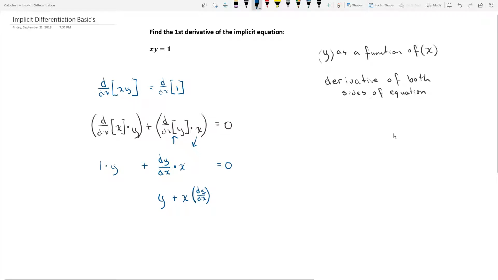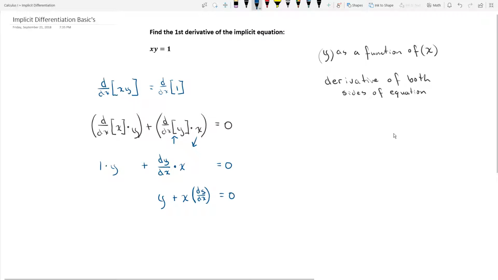Let's not make this a fraction such that it would be x times dy over dx, and you'll see why we don't want to do that. It's definitely a term in the numerator, so we're going to treat it as that. And then on the other side, of course, we still have 0.